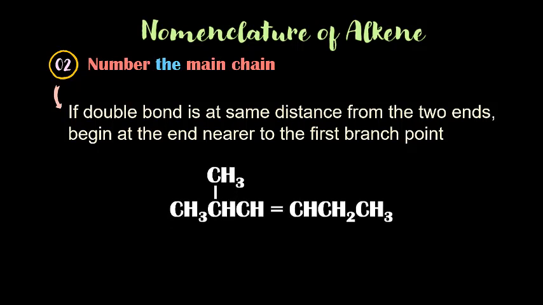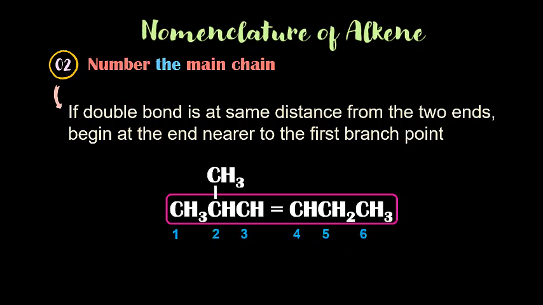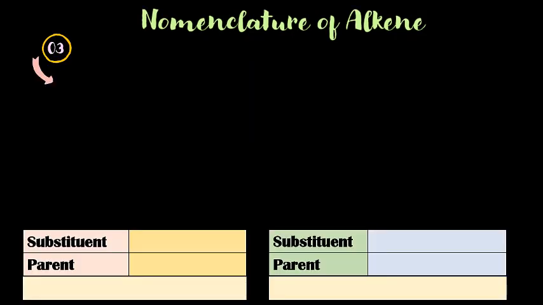For example, 1, 2, 3, 4, 5, 6. So the carbon-carbon double bond is between carbon number 3 and carbon number 4, but the first branch is at carbon number 2.